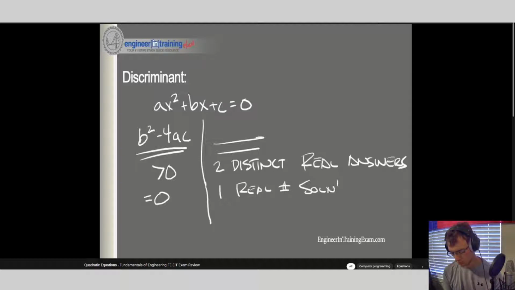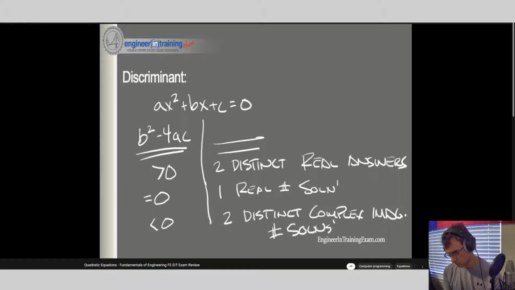If that discriminant is greater than 0, then there's going to be two distinct complex imaginary number solutions.